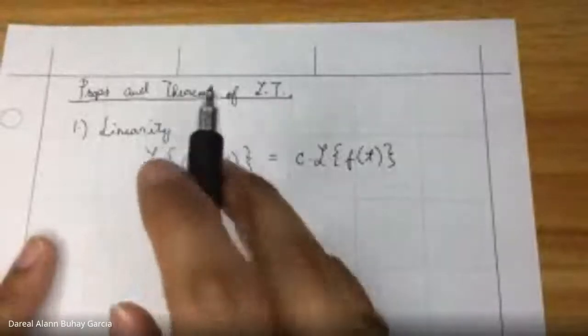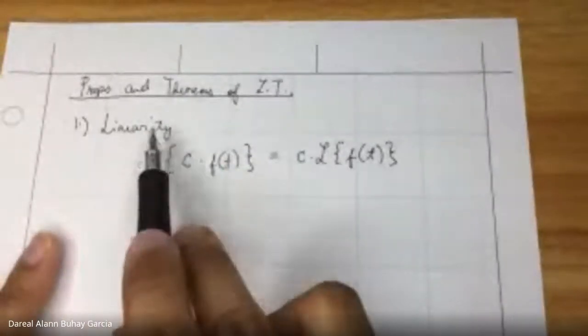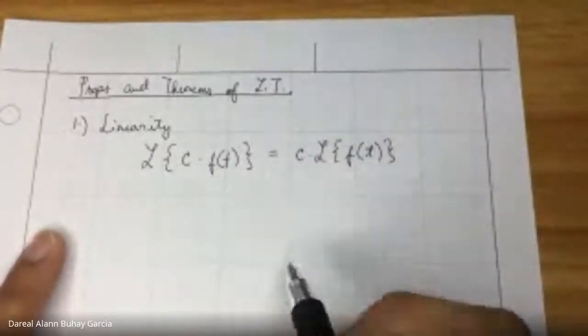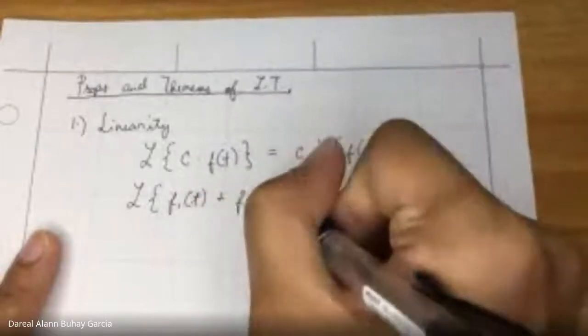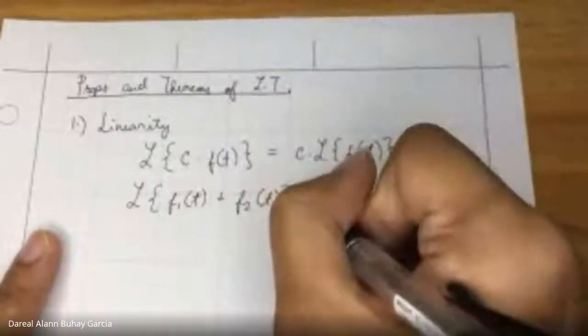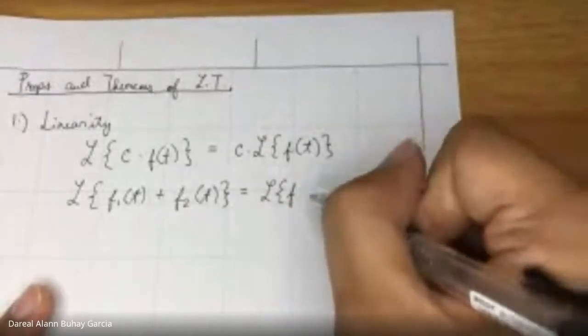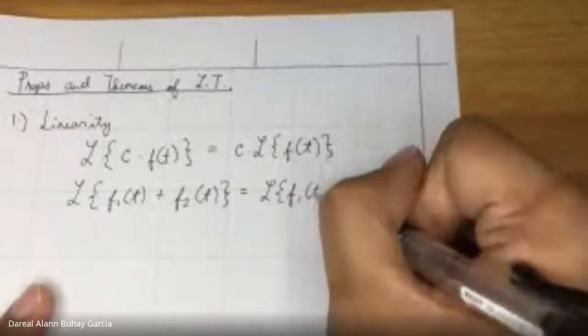Not only with respect to amplitude or scale, the Laplace transform is a linear operation, but also with respect to the sum of functions or additions of functions. Meaning the Laplace transform of a function f1 plus another function f2 is equal to the sum of the Laplace transforms of the individual functions.